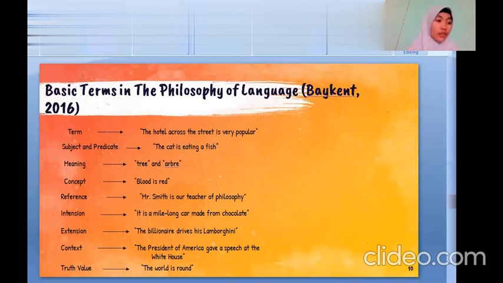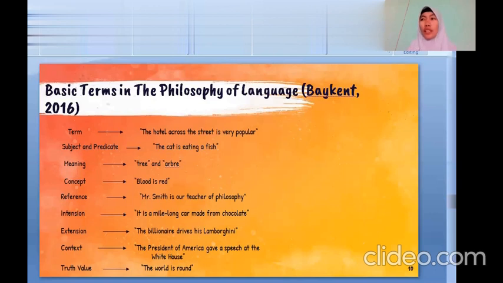For example, including a mile-long car made completely from chocolate. That example is intention. Actually, a mile-long car made from chocolate does not exist in the world, and it is not actually a car, but it is made of chocolate.